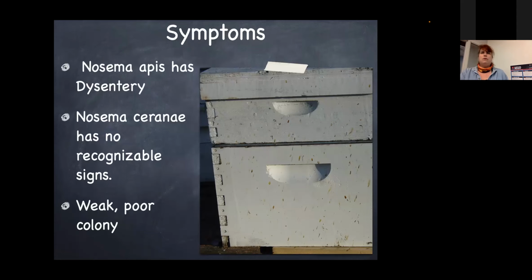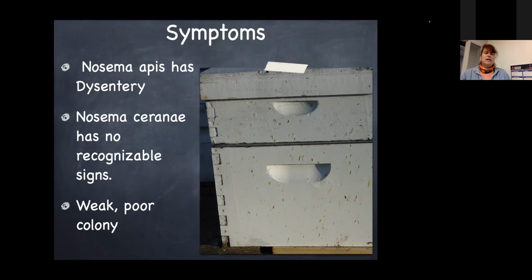These are bees that basically have diarrhea, and when they're flying, it just lands on the hive. It's fairly common, but a lot of the treatments that we do to treat Varroa prevent it. Nosema ceranae is just a slight variation, and it doesn't have any recognizable signs.